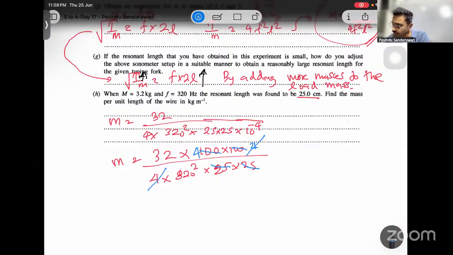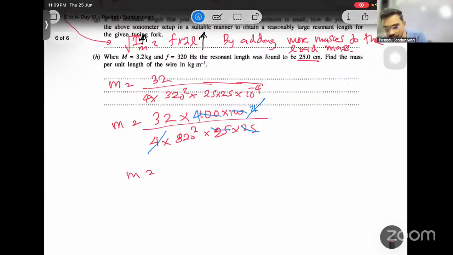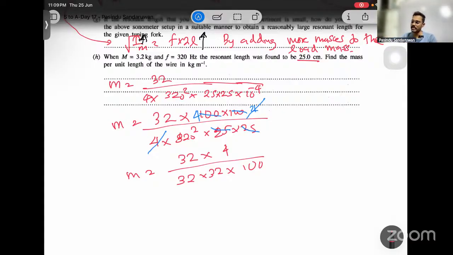Then 32 and 32 cancel. 32 remains here times 4 remains now, and this is 320 times 320. We can write it as 32 times 100 times 100. I separated the 10 to the powers. Then 32 to 32 cancels. 4 times 8 is here. Then M equals 1 over 8 times 10 to the power minus 2.